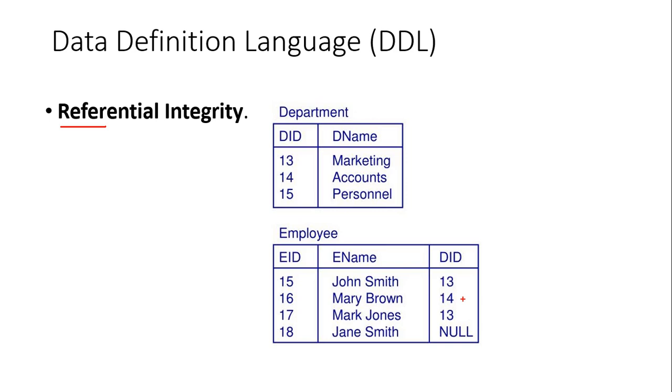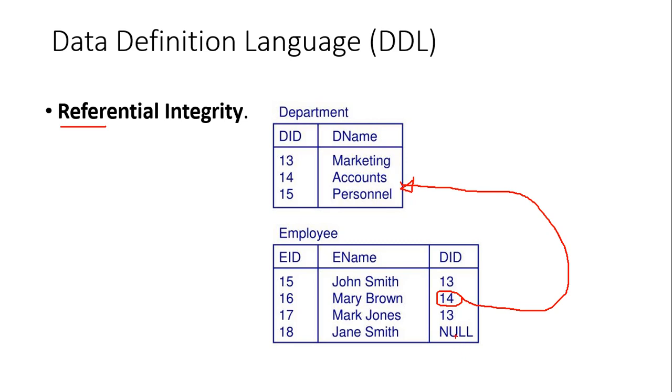Now when the data in one attribute or column is referring to another column, the database must ensure that the data is proper in both the referred column and the referring column. It may not be possible for us to use the domain constraint here because the data belongs elsewhere.